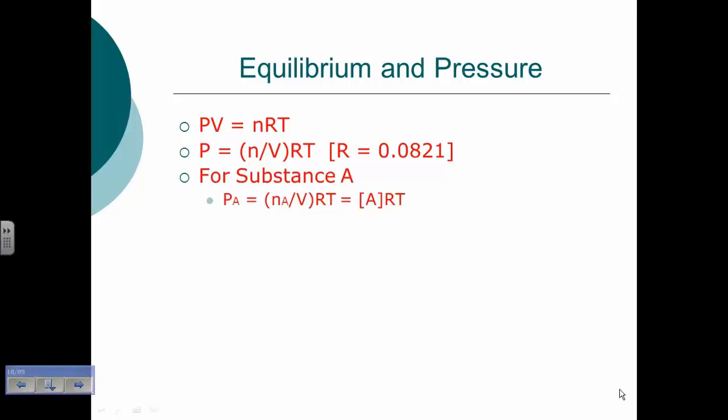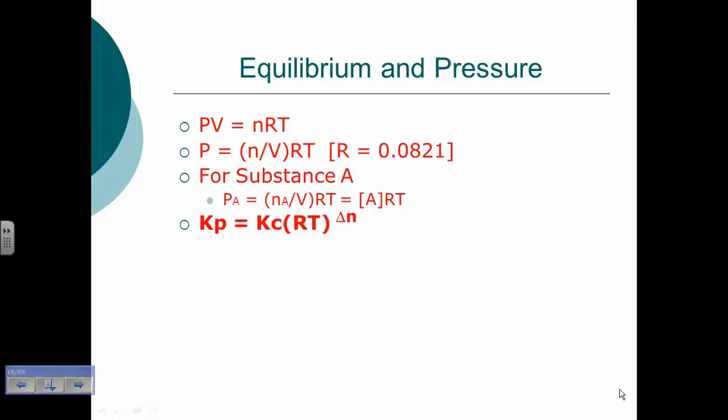And knowing that moles per liter gives us a bracket, and that's molar units, the pressure for substance A is now written as the bracket of A times RT. The bracket means molar units: the concentration of this substance A in molarity units times R times T. R is 0.0821 and T is the Kelvin temperature. So we just rearranged a little PV equals nRT.